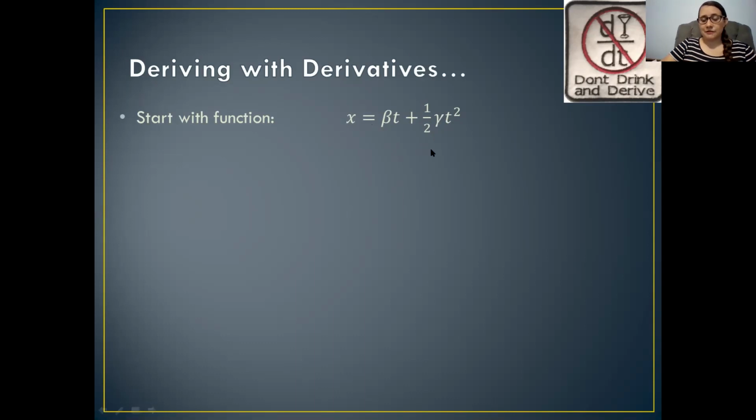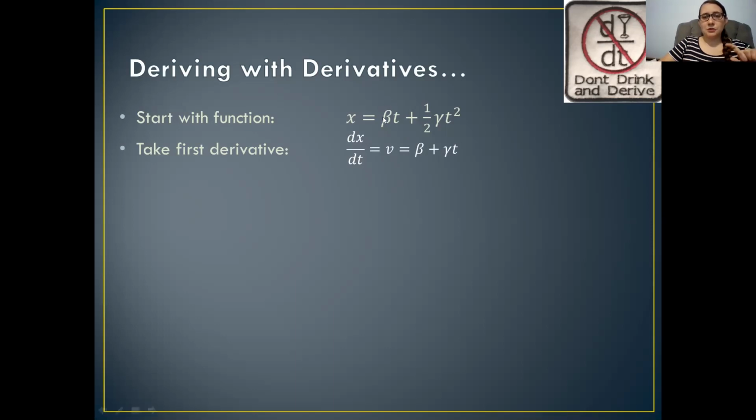So this position function. Well, if we remember from the past couple of days, taking the derivative of a position function gives us a velocity. So the derivative of our function x with respect to the variable time is the definition of velocity.